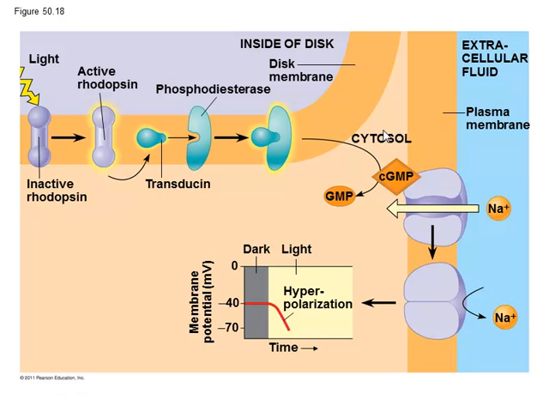They're secondary signals. When there's plenty of cyclic GMP there, sodium channels are open and your receptor is depolarized. But when light strikes, this rhodopsin activates the transducin, which activates the phosphodiesterase, which destroys the cyclic GMP, which closes the sodium channel. So suddenly it hyperpolarizes.